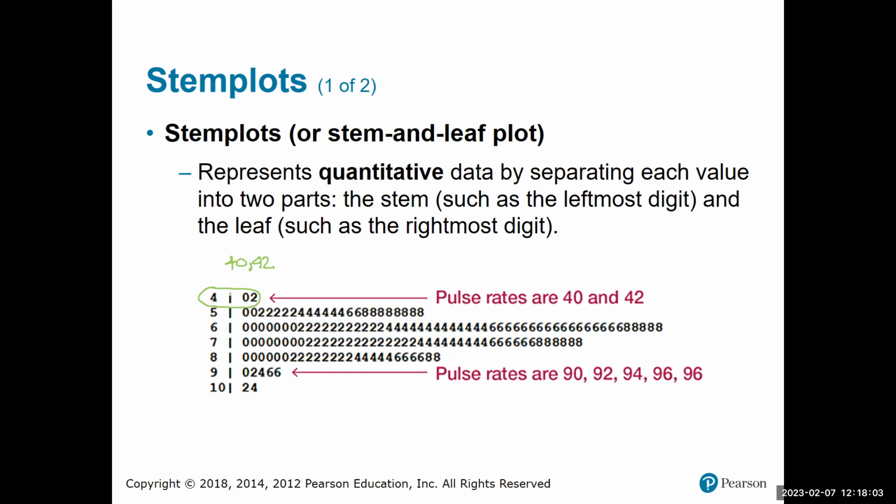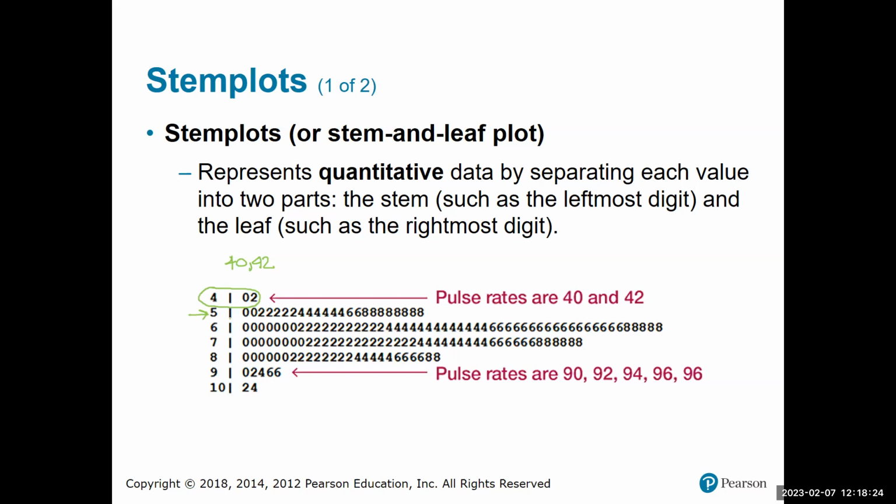So the stem is on the left, the leaves are on the right, and each leaf, each number that we see on the right is a data value. So in this first row where 4 is the stem, we have 2 data values. In the second row where 5 is the stem, right, we have all of these leaves. Each of these leaves represents a data value.